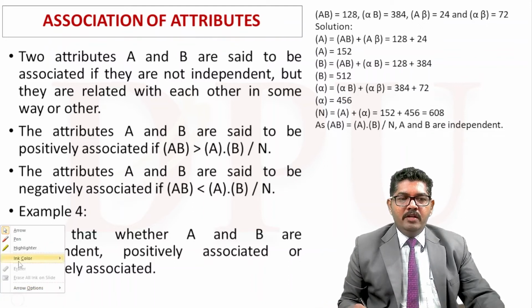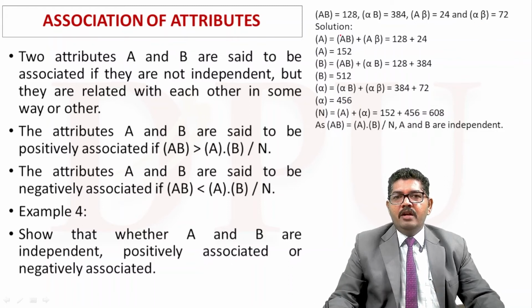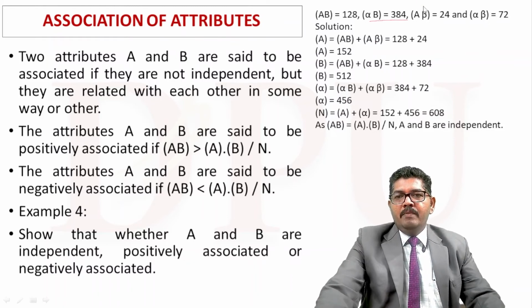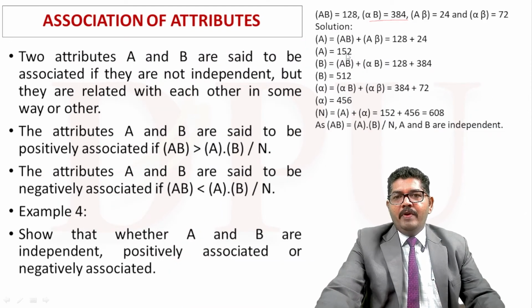So we have some values here. Let me take the pen again. AB is 128, alpha B is 384, A beta is 24, alpha beta is 72. By putting all these values in this particular table, we can calculate the rest of the values.